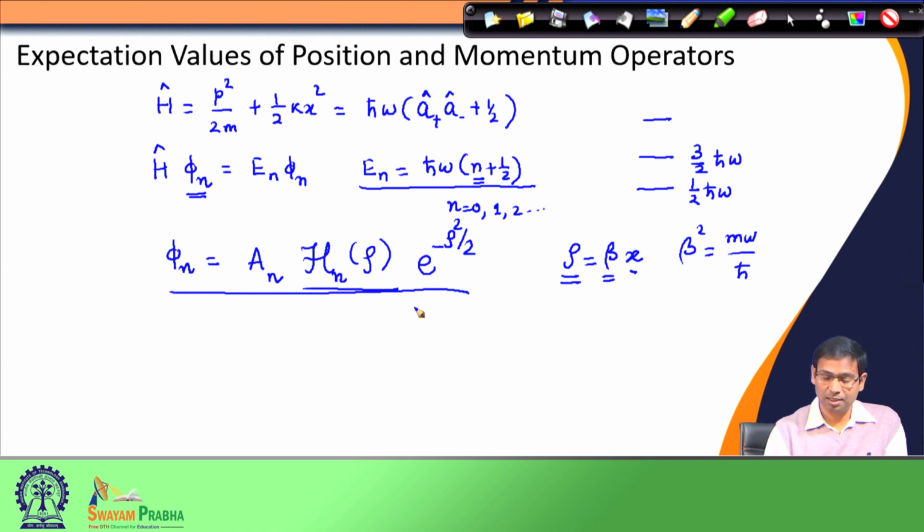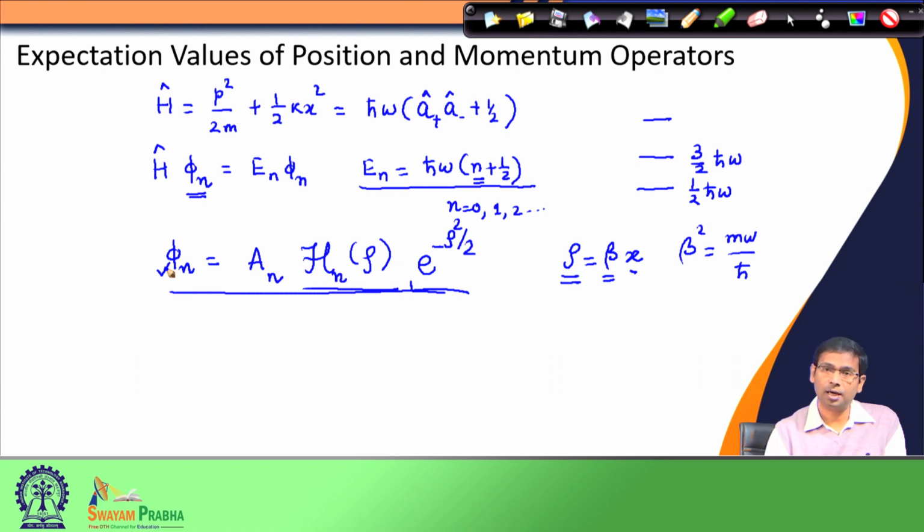One particular thing that we discussed in earlier class that I would like to remind you is that these functions, the phi n, have definite parity. That means that for a given value of n, either our eigenfunction is an even function or it is an odd function. But any eigenfunction of harmonic oscillator has a definite parity.